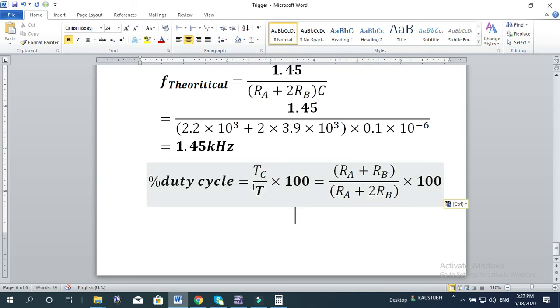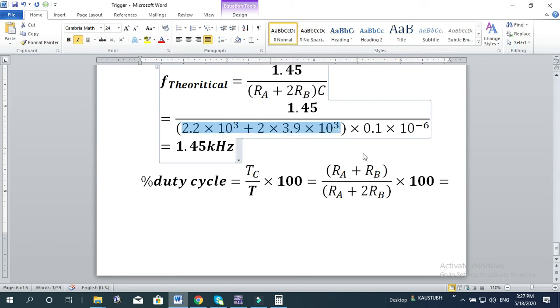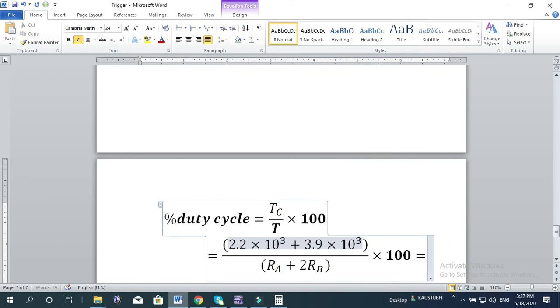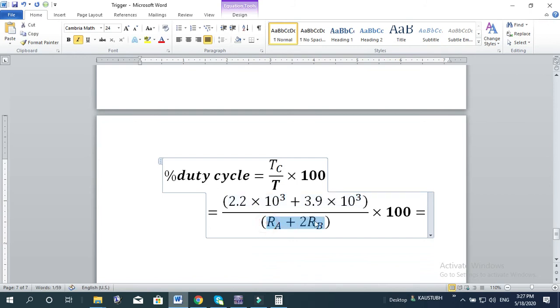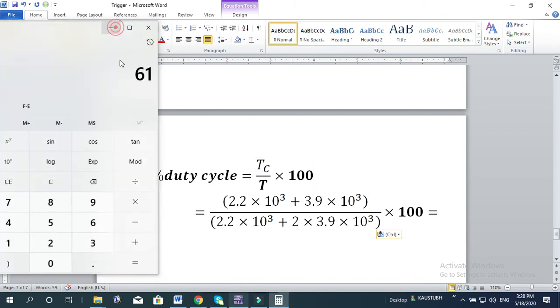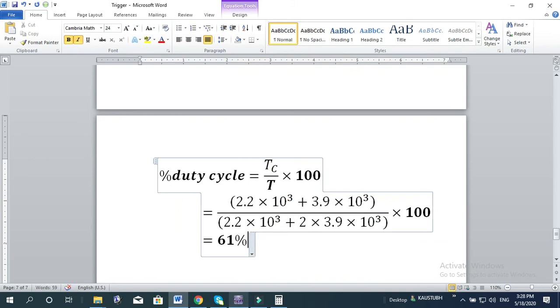If we make it theoretical, here the 2 is not there, so it will be equal to 61%, your duty cycle, theoretical.